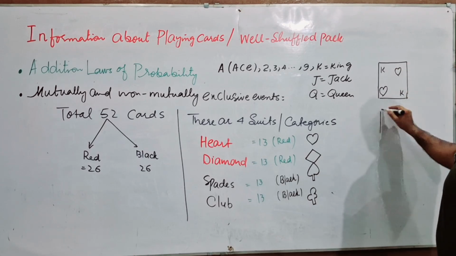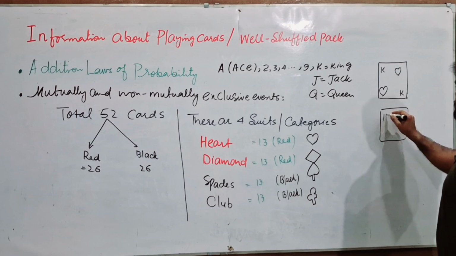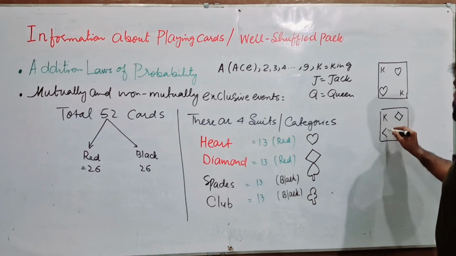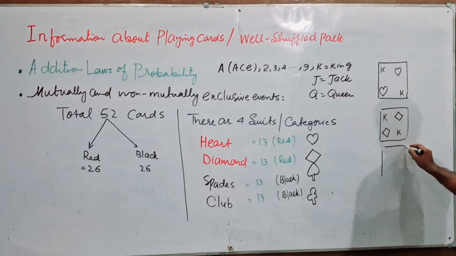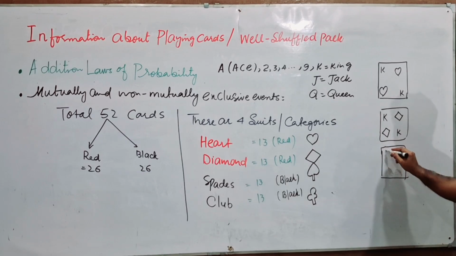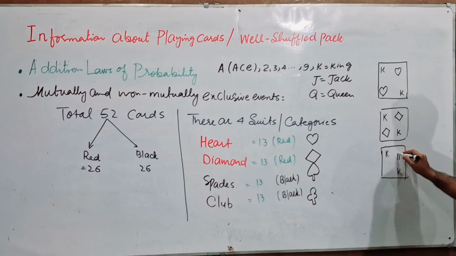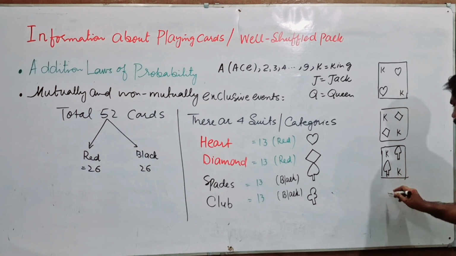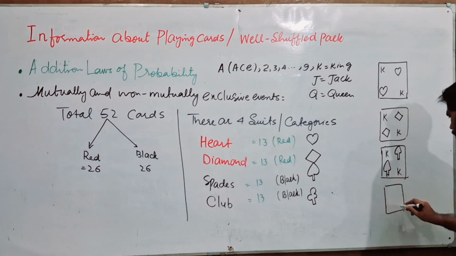One of the kings is of diamond, like this. One of the king cards is of spades. And the last one is king of club.